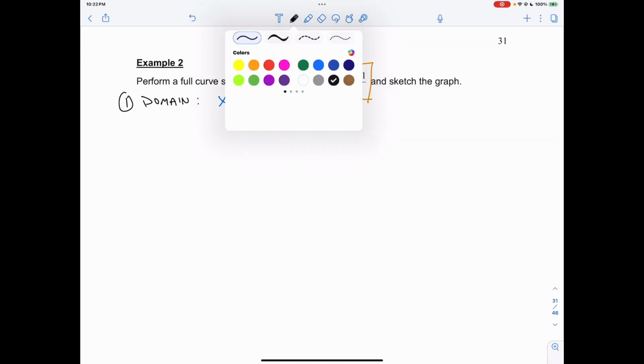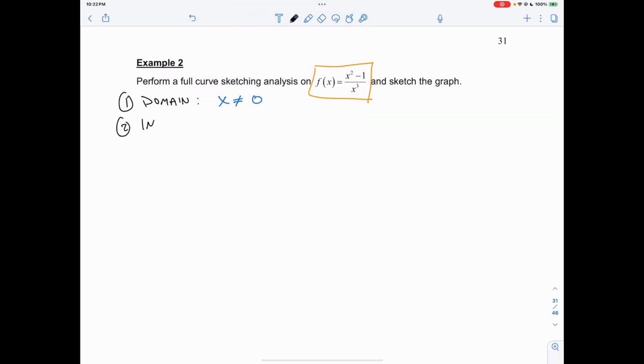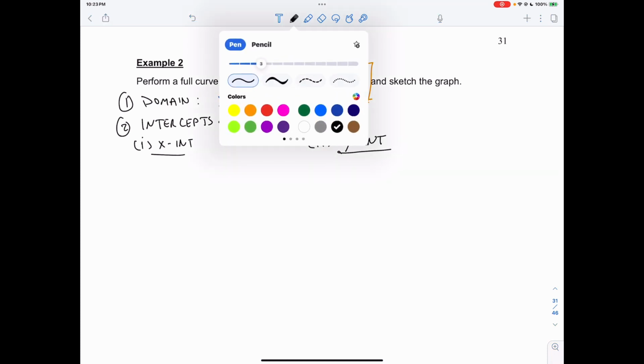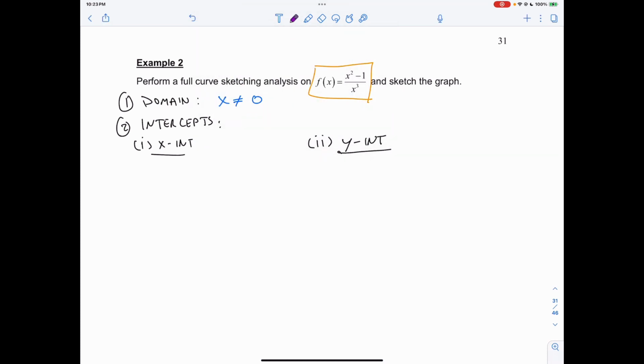Step 2 was the intercepts. I have my x-intercept. I have my y-intercept. For the x-intercept, if 0 is equal to x squared minus 1, all divided by x cubed, when I multiply both sides by x cubed, it's still just going to be 0.